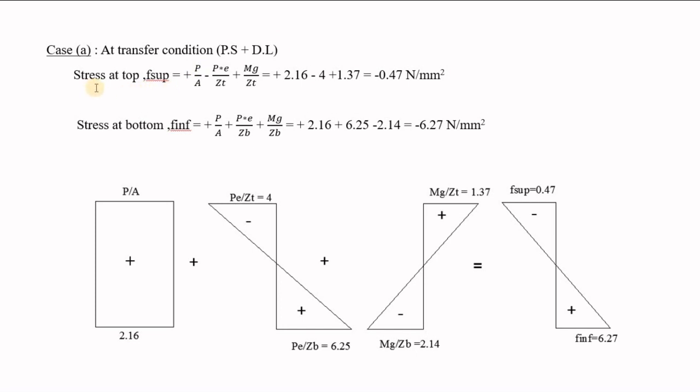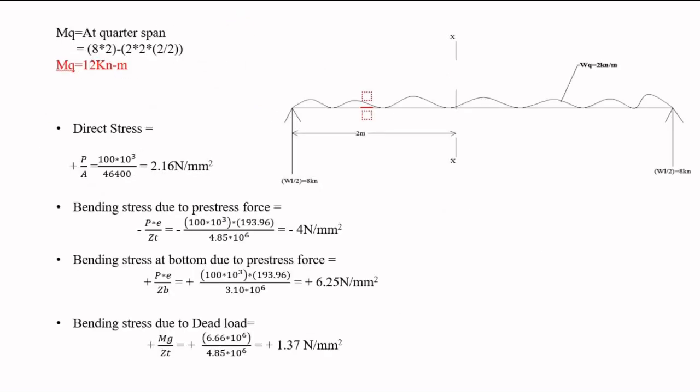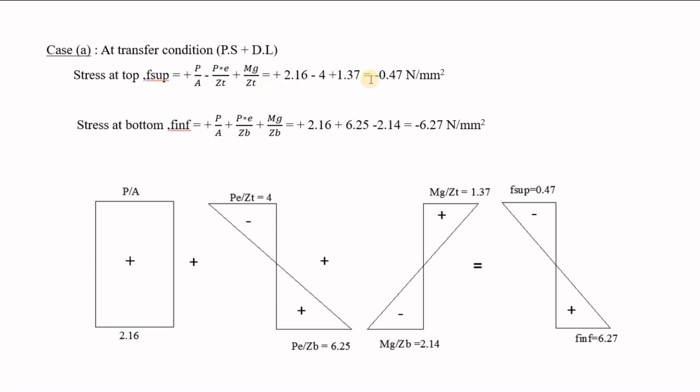So for the stresses at the top we have taken F superior equal to plus P by A, that is direct stress, minus the pre-stressing force at the top, so minus PE by ZT, plus the bending stress due to dead load, that is Mg by ZT. Substitute whatever values we have written here with the signs. Just be thorough with that and substitute here. You will get minus 0.47 Newton per mm square for F superior.